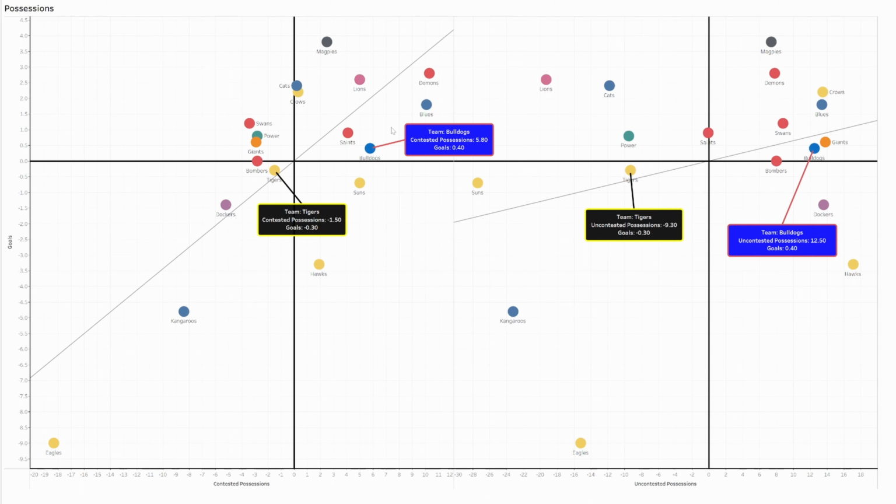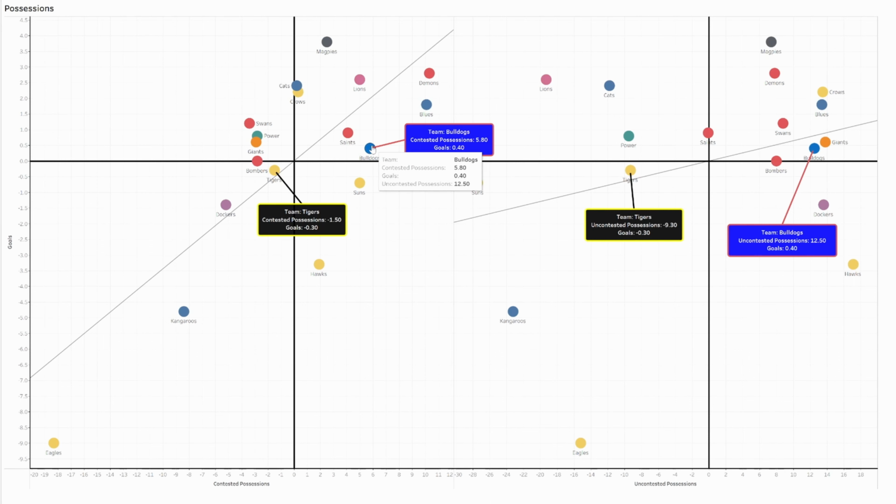It's quite similar to the one if you watch The Couch, when they bring up their scatter plot about where you're ranked defensively and offensively, and they look at this top right-handed quadrant for teams in the premiership window. It's similar to that. So that's what we'll be doing for most of the graphs. But we'll start off with the contested and uncontested possessions.